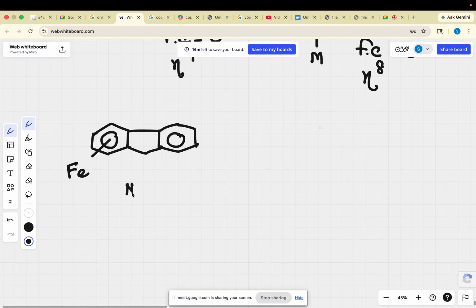Now tell me, in neutral method how many electrons, ionic method how many electrons, formal charge and eta value. 6, 6, 0, 6. So neutral method is 6, ionic method is 6, formal charge is 0, eta value is also 6. Very good.